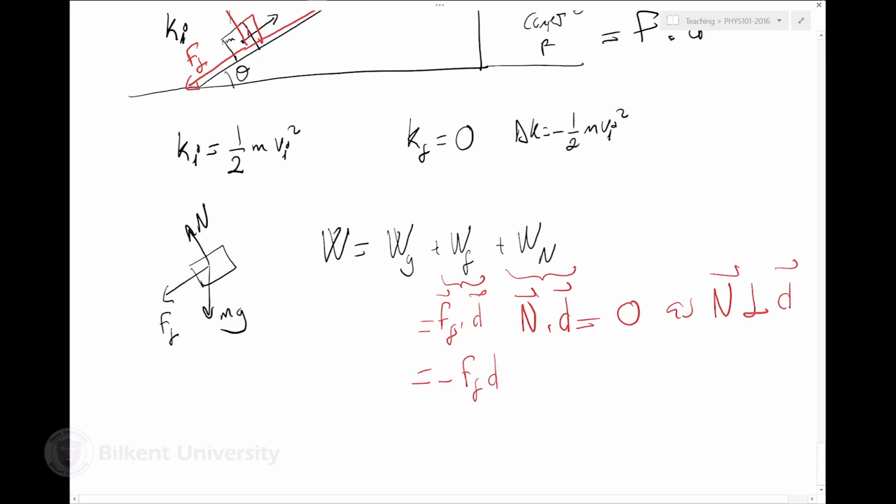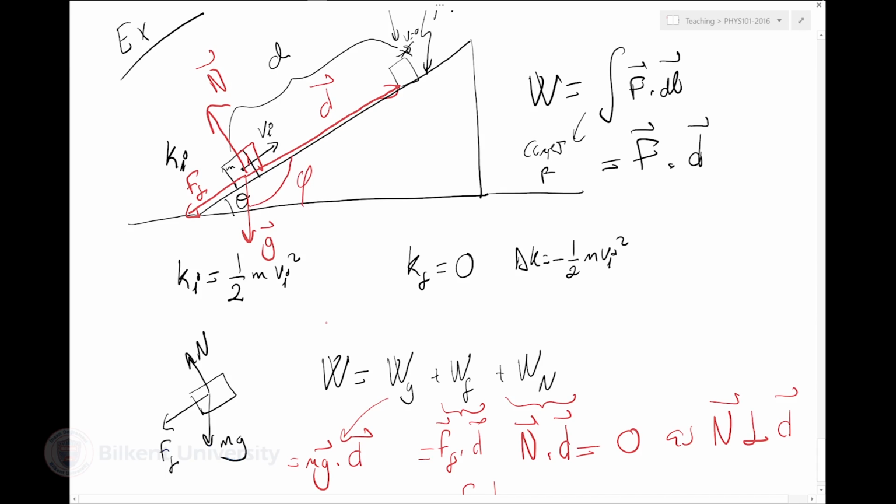How about the work done by gravity? It's going to be mg dot d. So g is making an angle like this. How do I calculate mg dot d? It's the cosine of the angle between the two vectors, right? So this is basically the angle I need to calculate, if I call this phi. But phi is apparently what? This is theta.